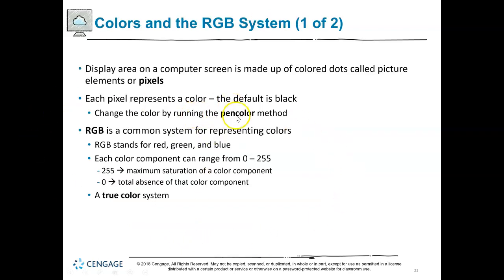Let's talk about, some of you may have heard the term RGB before, red, green, blue. That's how we mix these colors on our screen. Each component in red, green, and blue can have a value between 0 and 255. In other words, it's 2 to the 8th power, or 1 byte for each one.